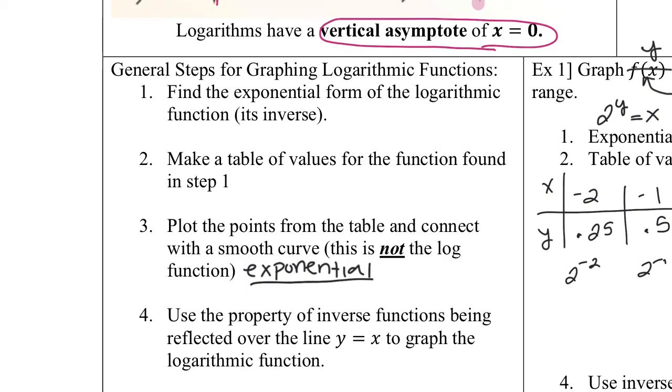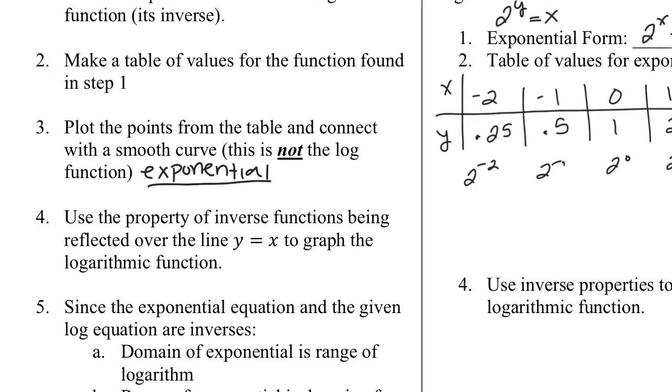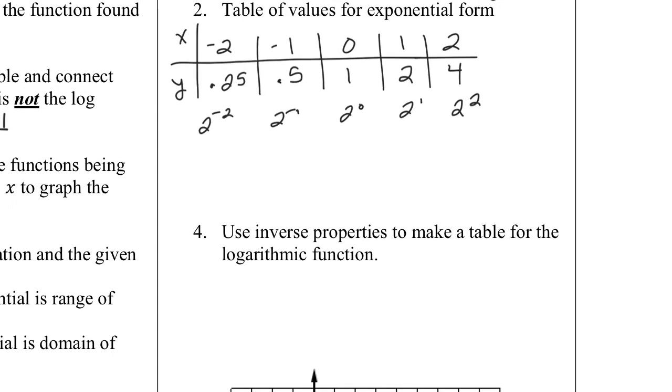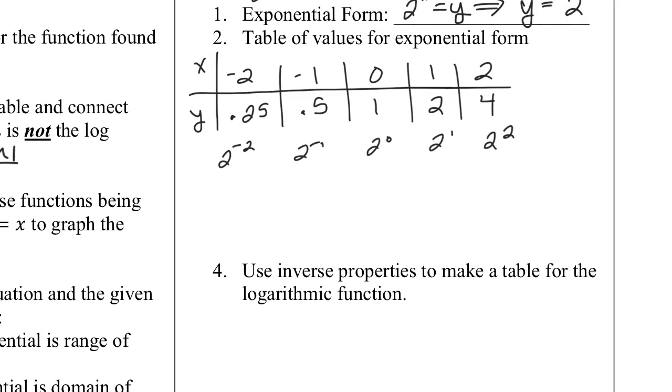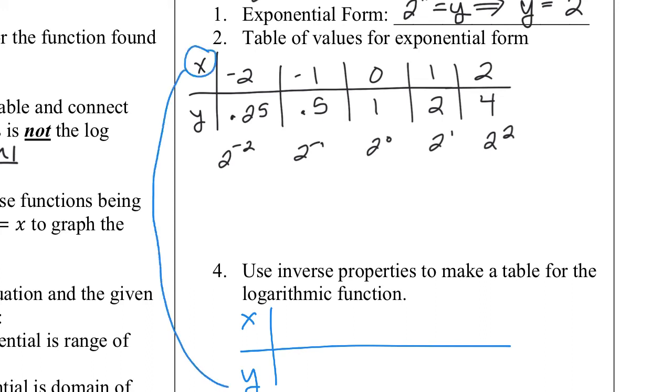Use the property of inverses to get the other table. Well, the property of inverses means you're going to invert the x's and the y's. So I'm going to make a new table for my log function. Now, the x of my exponential is actually the y of my log.